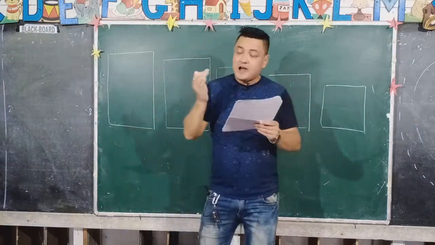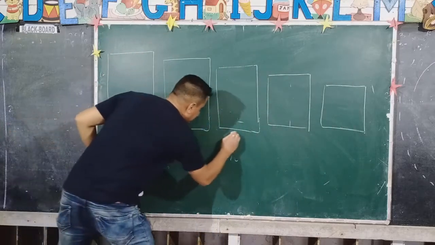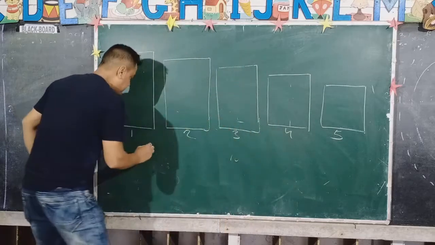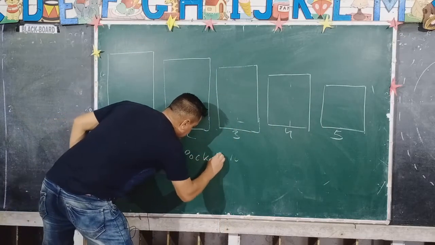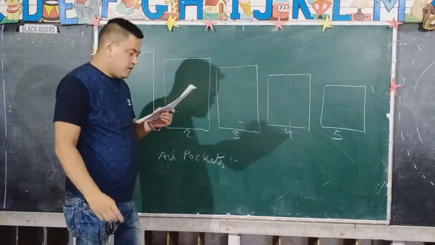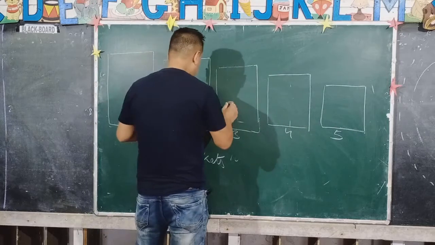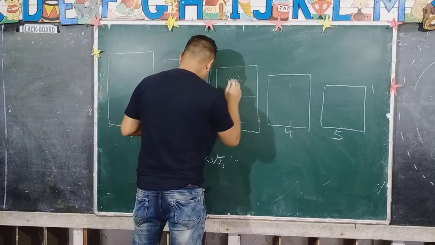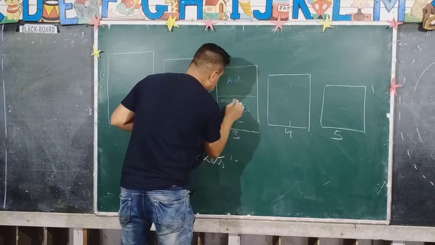There are 5 air pockets in the diagram on the blackboard, number 2, number 3, number 4, and number 5. So these are basically air pockets. And in the middle pocket, the number 3 pocket, I am going to fill it with air and water.